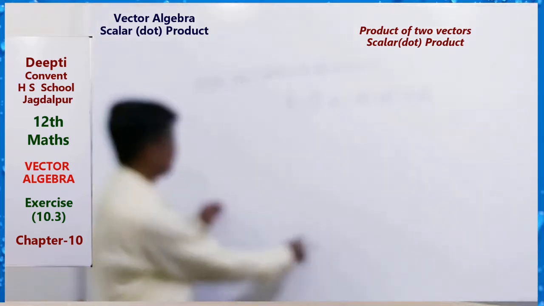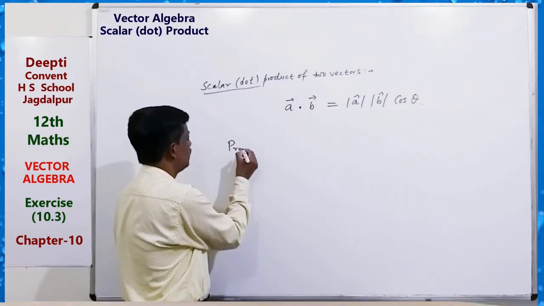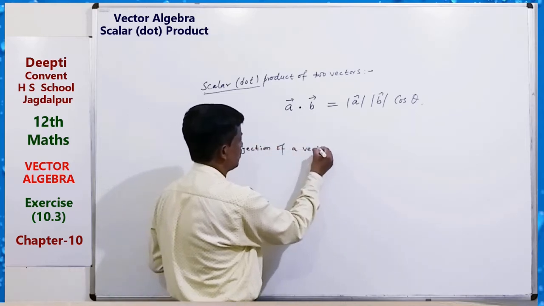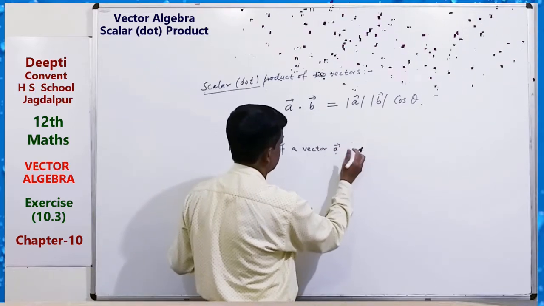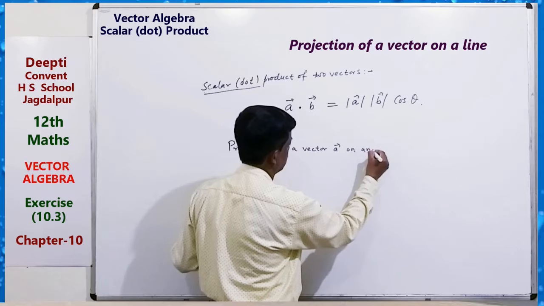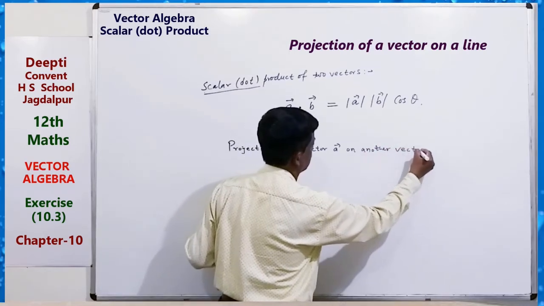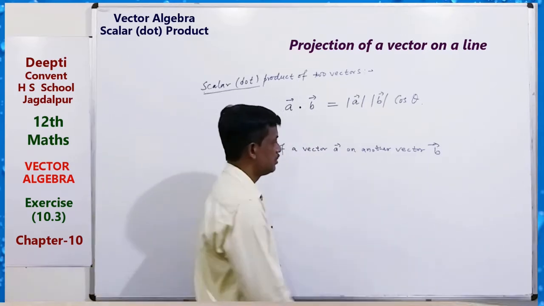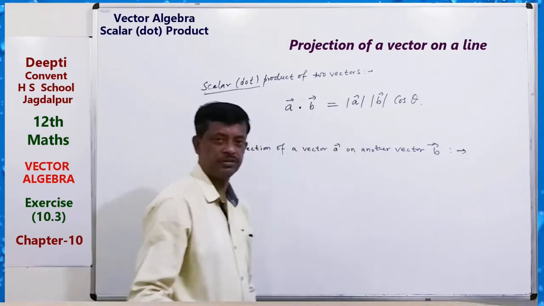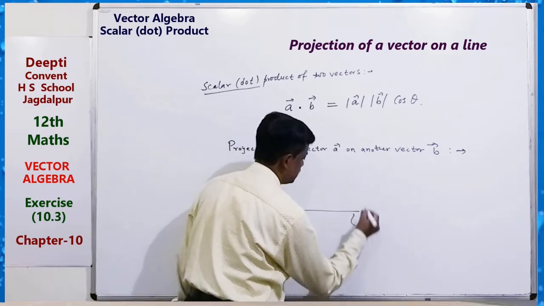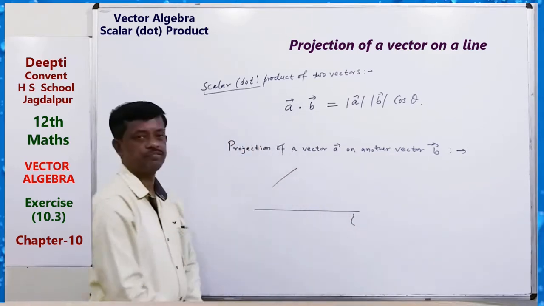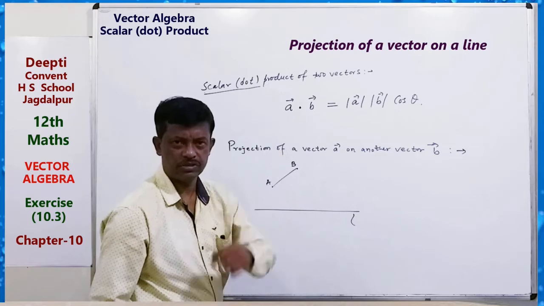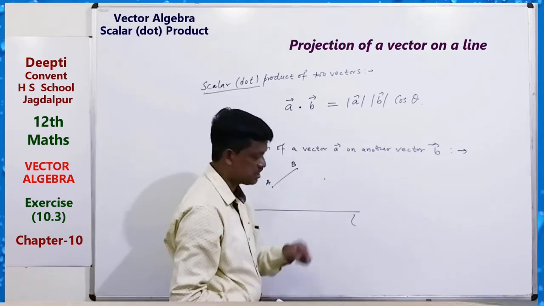Now there is a special concept here. We can say the projection of a vector A on another vector B. Projection means, just as we know, if this is a line and this is a point, its projection on this line is what?